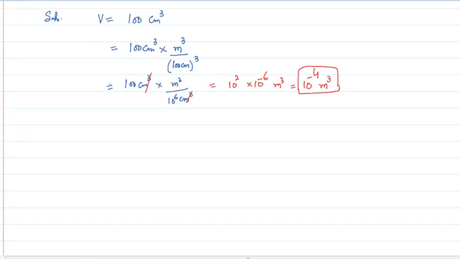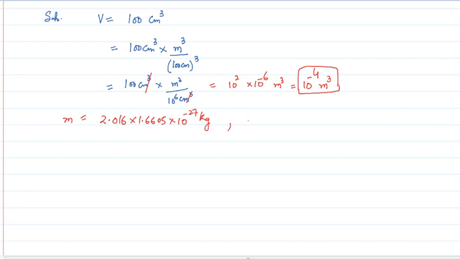The next quantity given in this question is mass, which is given in atomic mass units. To convert into kg, we simply multiply by 1.6605 into 10 raised power minus 27 kg.